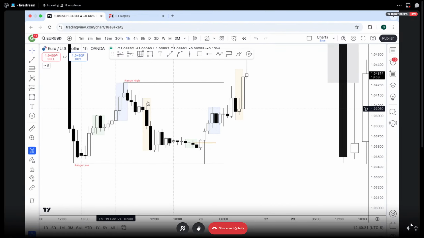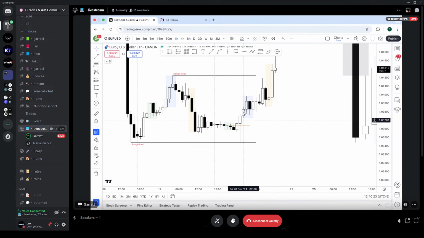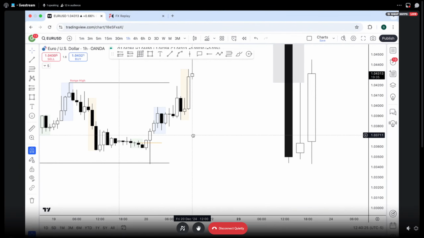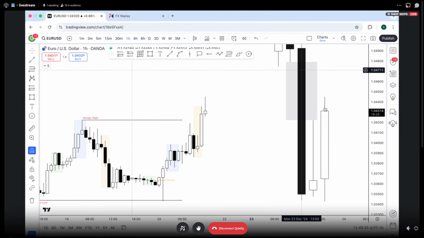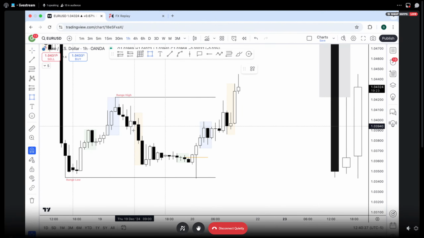And so it's just consolidation, manipulation, and then an expansion away, right? Then we consolidate again, we expand again. So any SMT in here, inside of these opposing candles, is a possible entry to get to the previous high or this fair value gap in general, right? And then we're closing over opposing PD arrays, using them as support, right? So this is where we want to get in.